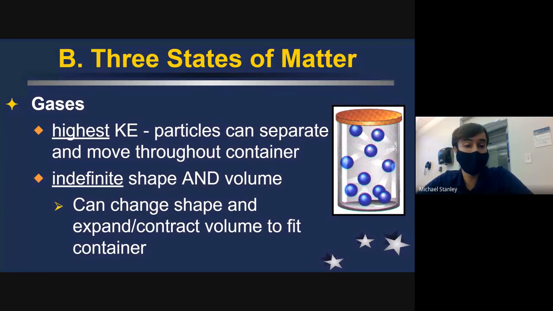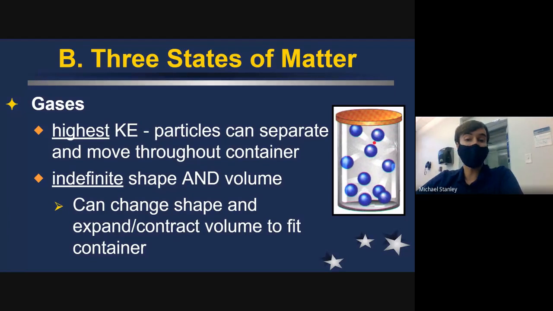All right, so the next thing that we're going to talk about, we've gone over our states of matter, but states of matter don't stay that way for their entire existence. Solids are not always going to be solid. Liquids may not always be liquid, and gases might not stay a gas forever.